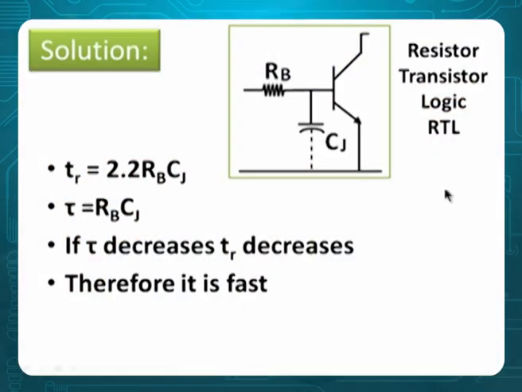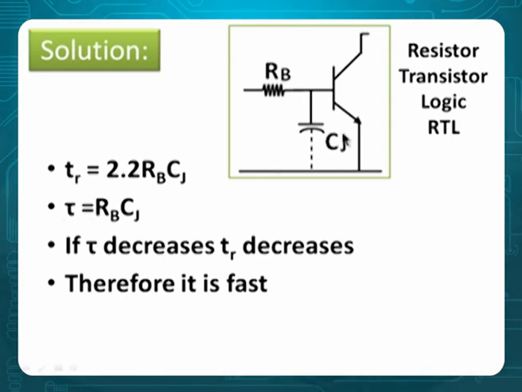The device gives some capacitance here. This Cj, we are really applying it. And this resistor is not an ordinary simple resistor, it is kept for the sake of noise immunity. Therefore, 2.2 into RB into Cj is the rise time, where RB into Cj is called the time constant tau.